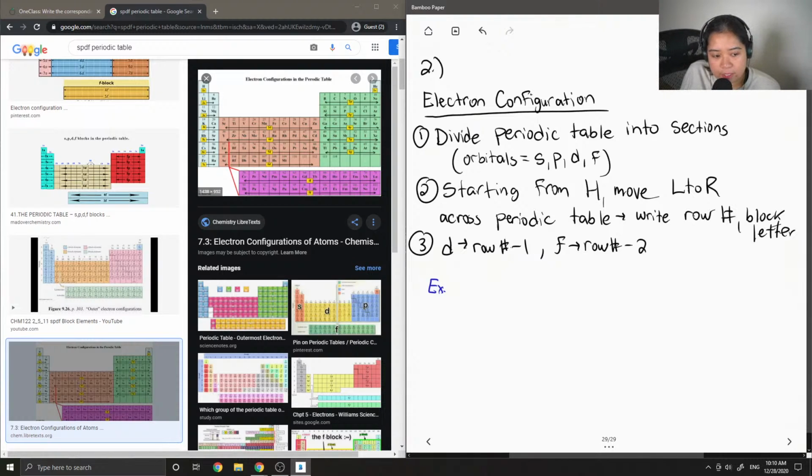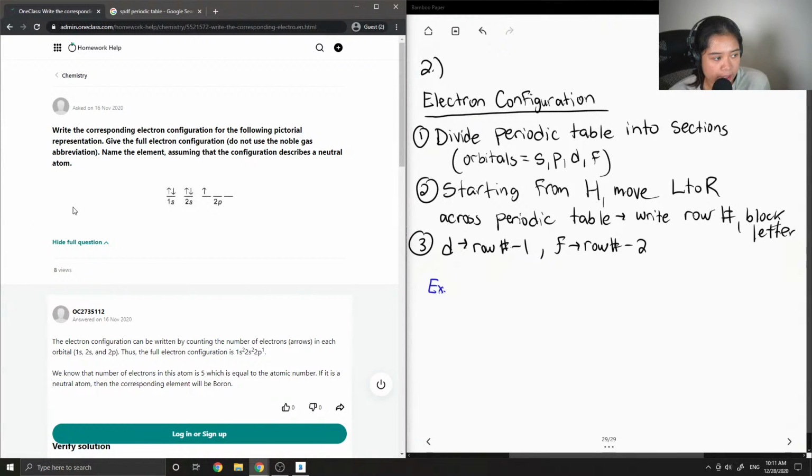There are some instances where you need to change the order a bit, or you need to add electrons in the D orbital as opposed to the S orbital. But these are just the basic steps. So if we look at our question, they showed the different electrons that are in each of these orbitals.